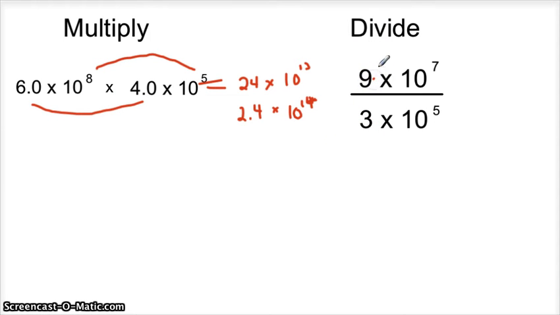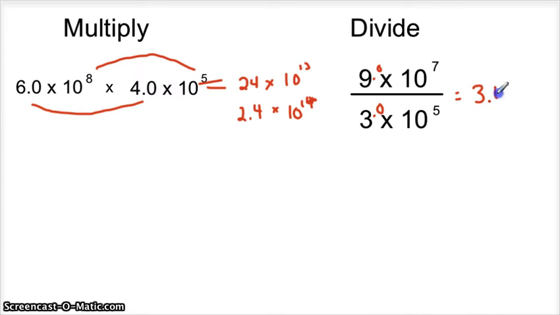What do we do about this? We have 9.0 times 10 to the 7th divided by 3.0 times 10 to the 5th. When you divide, you subtract the powers of 10. Notice I had some easy numbers here to divide. 9 divided by 3 is 3, since 3 will go into 9 three times.